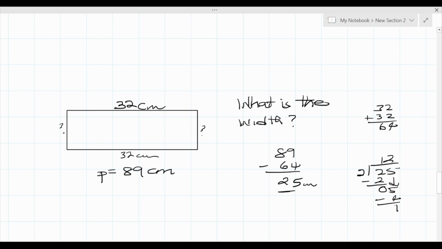Now 2 into 1 can't work, so I'm going to add my decimal point there and add 0 to continue. And 2 into 10 goes 5 times. 5 2's would give us 10, and we are done, no remainder. So this means that the measure of the width, one side, one piece of it, would be 12.5 centimeters.